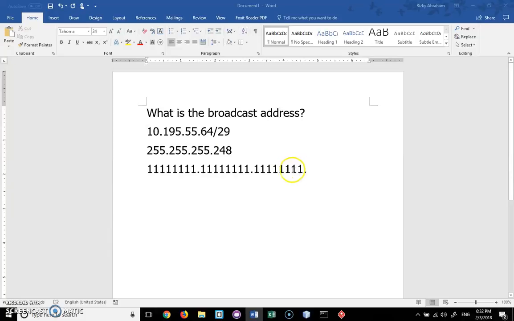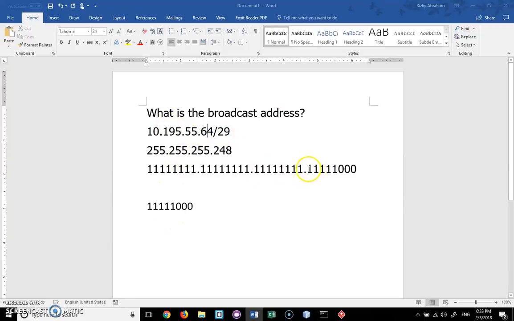Since we have 29, so we have 24, 5, 6, 7, 8, 9, and then we have 3 more. So that's the binary number. Since we know we have 5 bits over here, and then we have the decimal 64, we have to use the AND method, which is we have to put this number and then AND this number with 64.